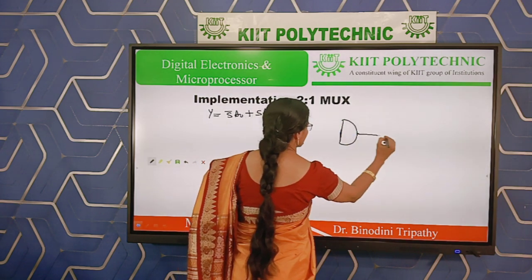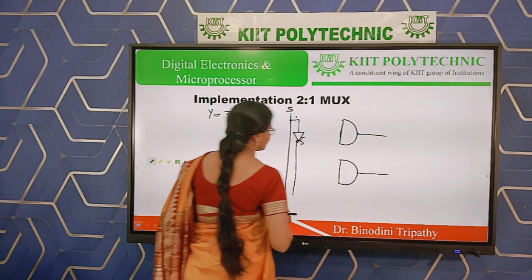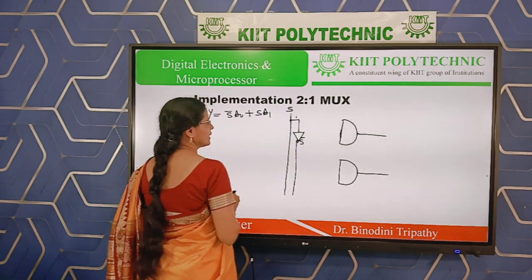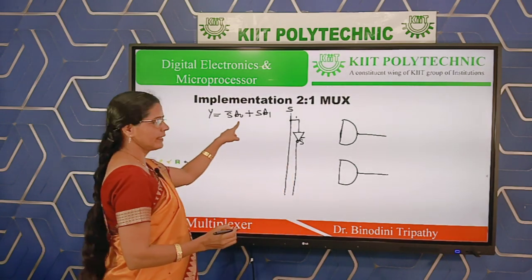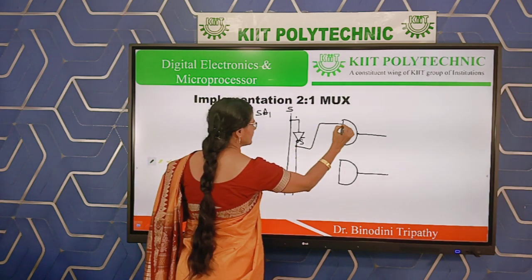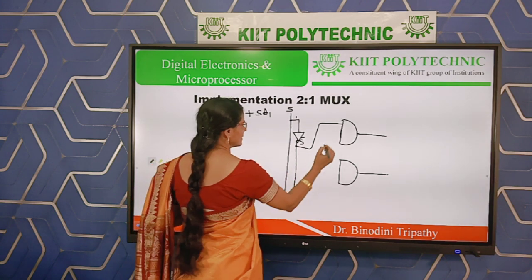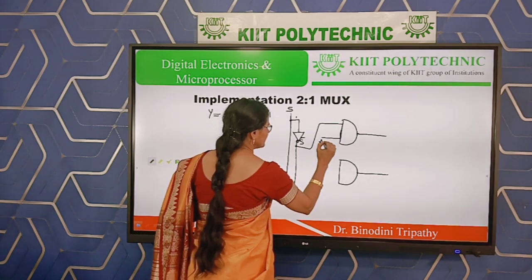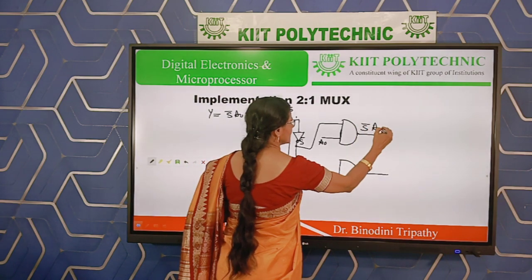This is one AND gate, and this is another AND gate. How do we provide the connections to this AND gate? For S bar A0, your S bar is available here. Take this S bar and apply it, then apply A0 directly. Here you are getting S bar A0.